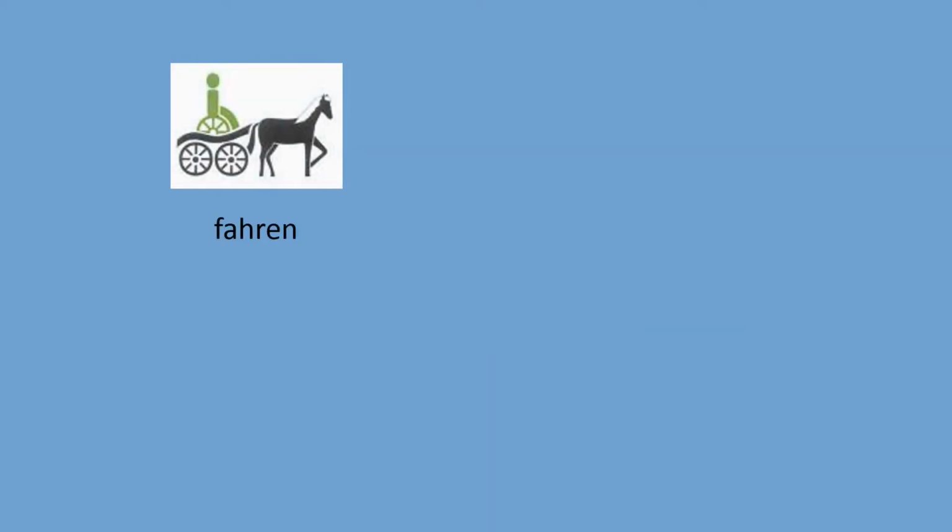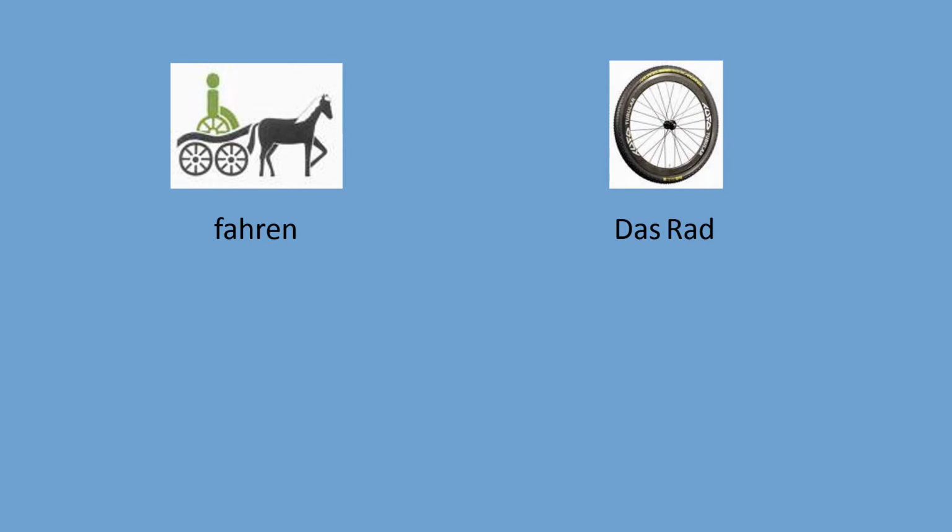We can take a verb and a noun and create a compound noun. So we took the verb fahren, which means to drive, and the noun das Rad, which means wheel, and we put them together. And look, in this case, we would create something like Fahrenrad, but it is easy to pronounce two r's together, Fahrrad.